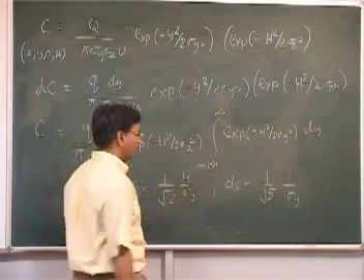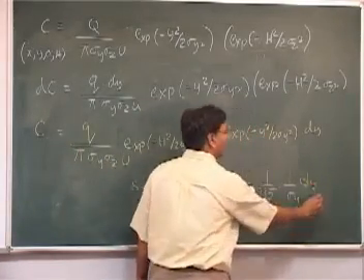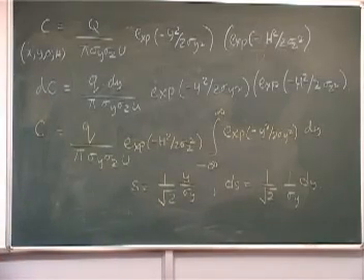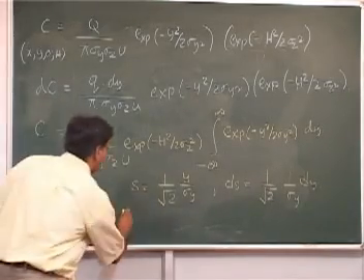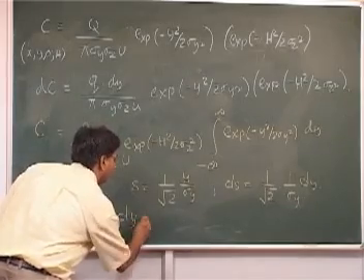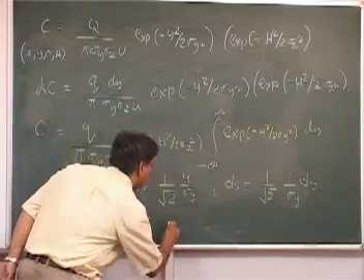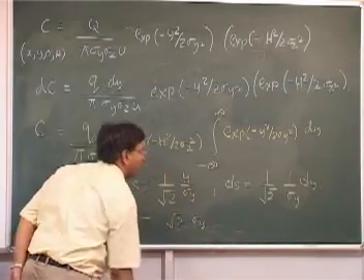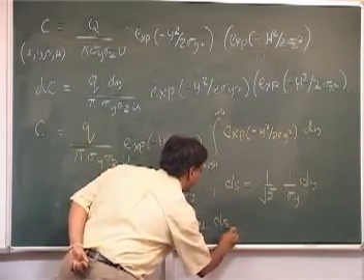Alright, no problem there. Therefore, my dy will be equal to root 2 times sigma y times ds.